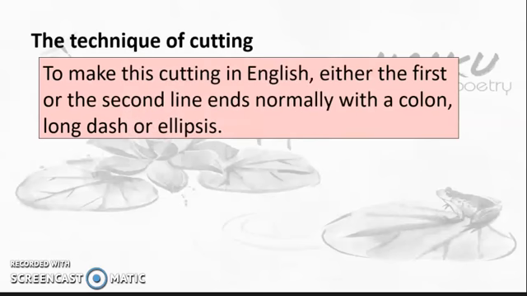And lastly, the cutting divides the haiku into 2 parts, right? With a certain imaginative distance between the 2 sections. But how are you going to use the technique of cutting in English haiku poems? To make this cutting in English, either the first or the second line normally ends with a colon, long dash, or ellipsis.